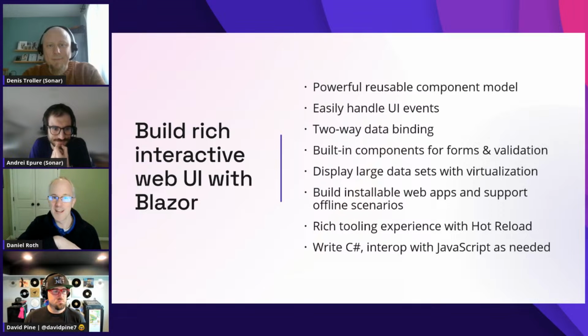You can use the latest open web standards with Blazor to build web apps that are installable and function offline. We provide rich tooling for Blazor in both Visual Studio and Visual Studio Code, including project templates and hot reload and AI-powered code editing. And while you typically write your Blazor apps in C#, you can also interoperate with JavaScript code if you need to.